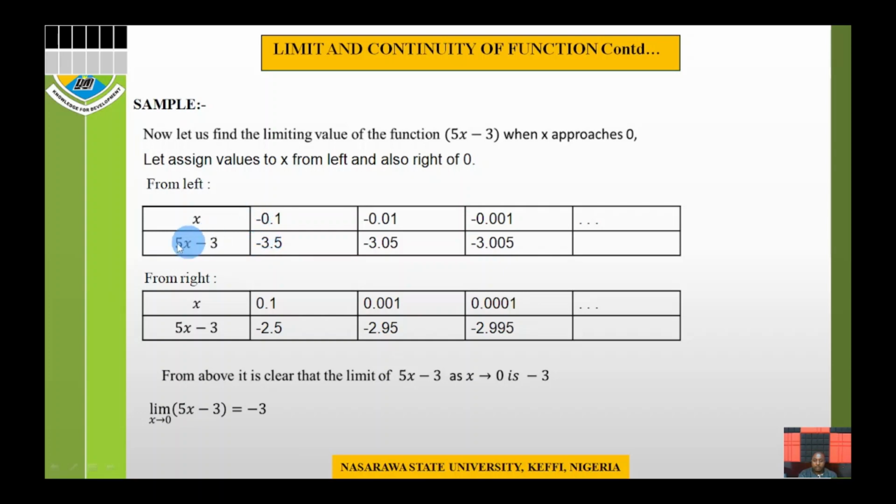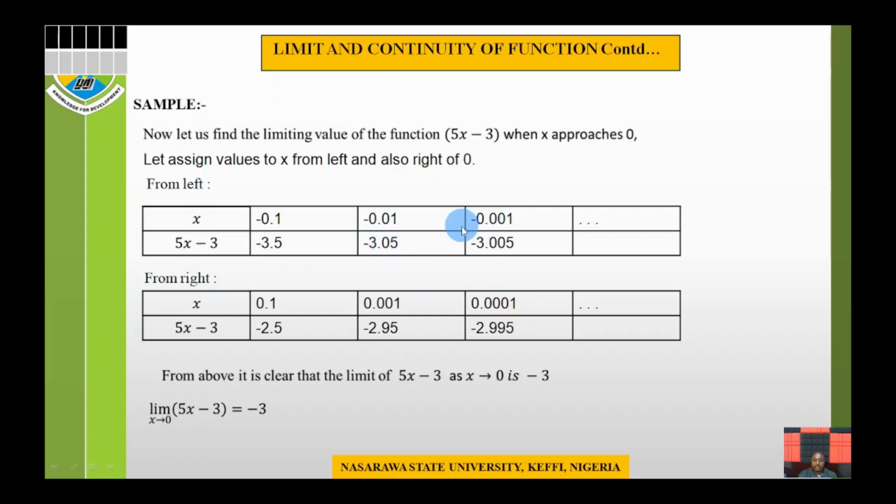Now, this is your function, f of x equals 5x minus 3. When x takes the value of minus 0.1, the value of your function is minus 3.5. When x takes the value of minus 0.01, the value of f of x is minus 3.05.